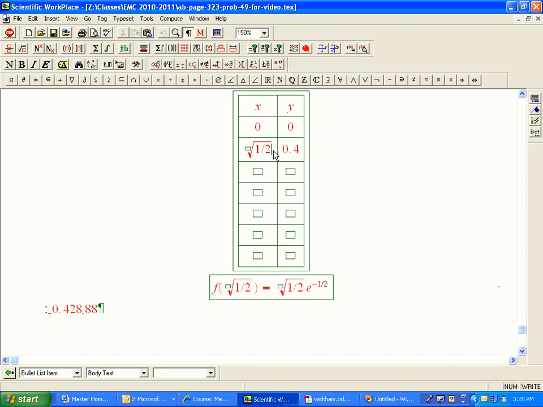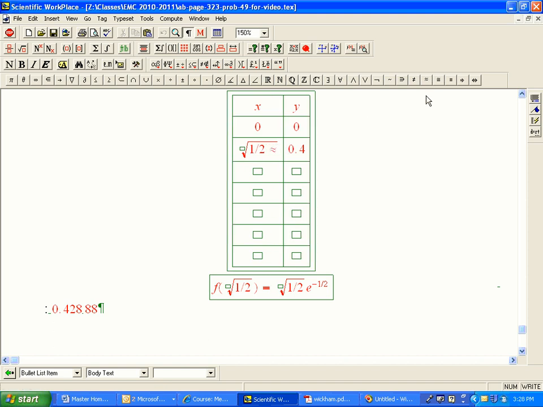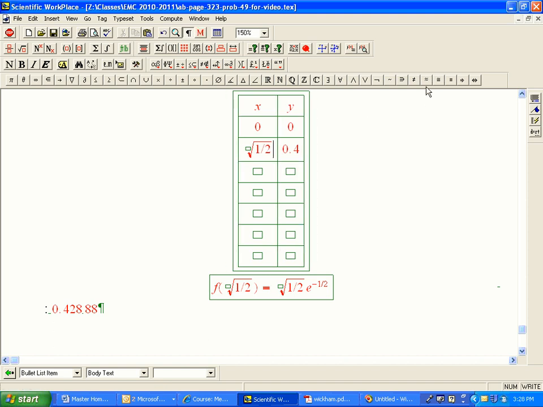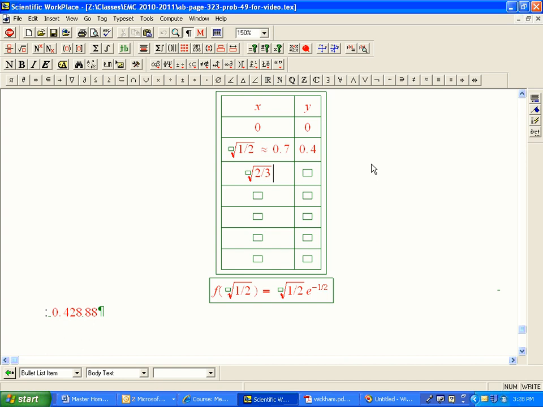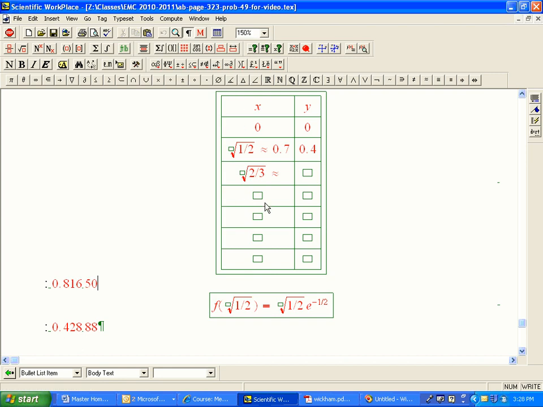And what the heck, let's remind ourselves of the numerical value of this guy. That's about 0.7. So we could plot that by hand. And then the next one is root 2/3, which is approximately, I don't know that off the top of my head. That's 0.8. I'm doing it very roughly because, after all, this is just for a sketch.